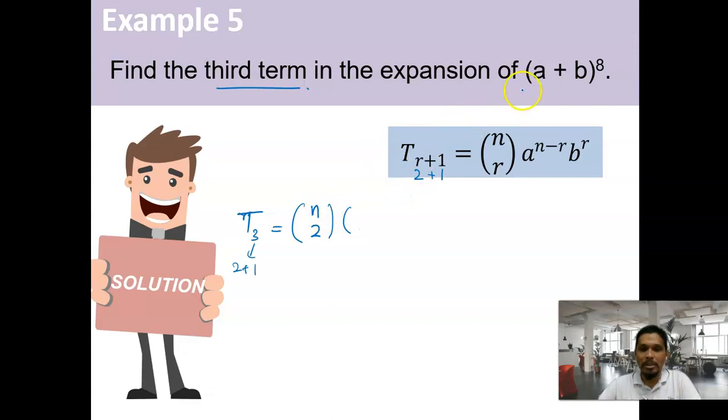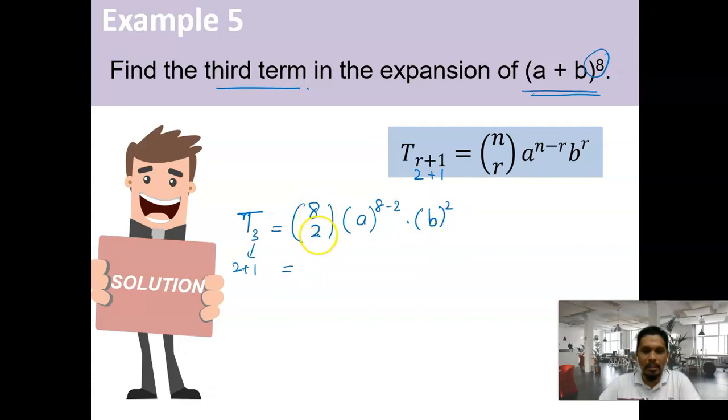According to the statement, the question here is (a plus b) to the power of n, where n is 8. So we got 8 and 2, a to the power of 8 minus 2 and b to the power of 2.